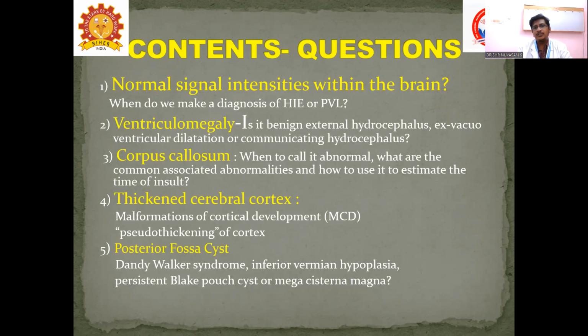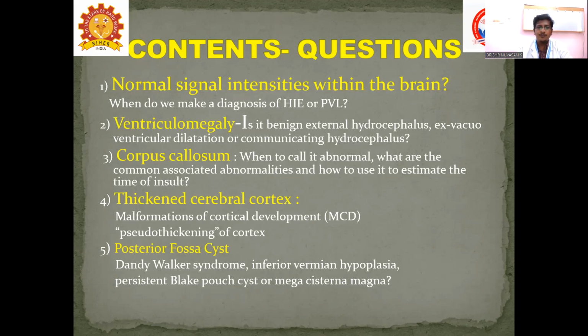Next we are going to see ventriculomegaly. The brain has some cavities inside that we call ventricles. These ventricles are filled with CSF, and the CSF circulates from the lateral ventricles through the foramen into the third ventricle, and through other foramina into the fourth ventricle, and it provides the cushioning effect to the brain.